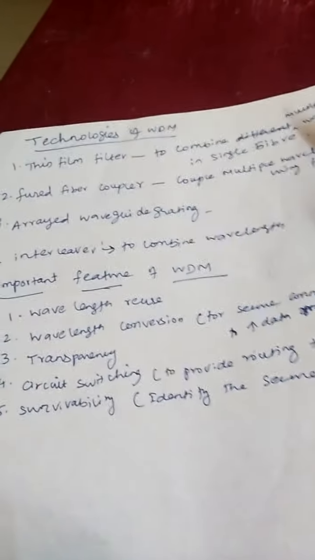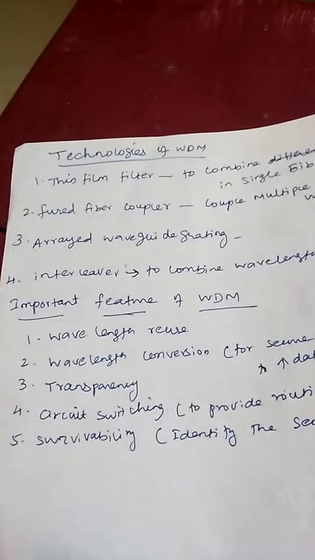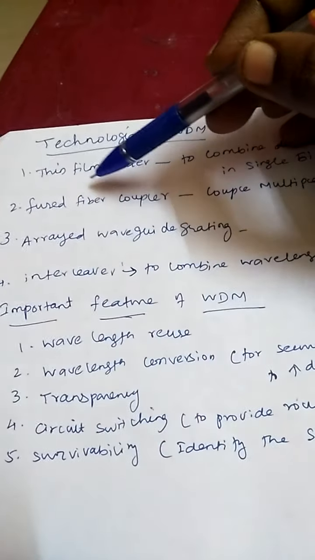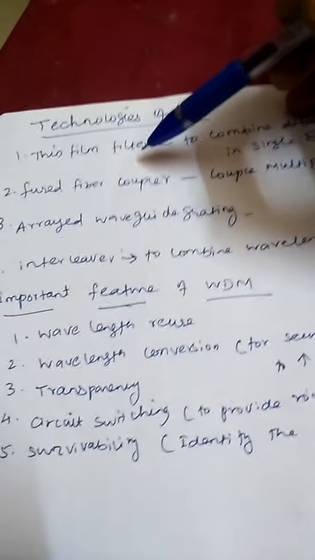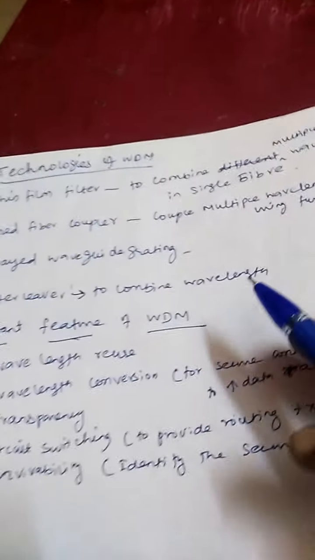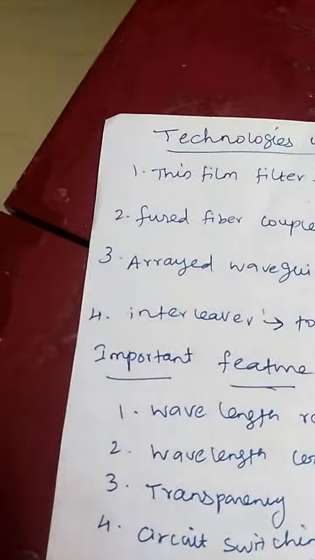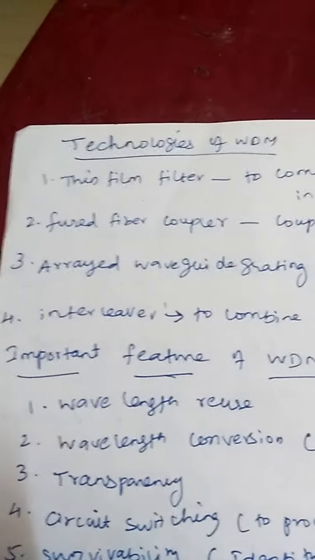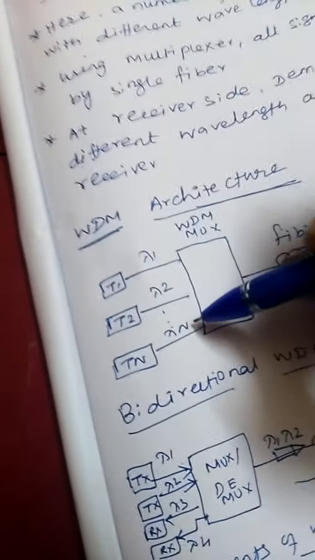Next we can see the technology of WDM. In this WDM we can use a thin film filter. This is a very essential technique. Using these thin film filters, we combine multiple wavelengths, lambda 1, lambda 2, lambda n, in a single fiber.